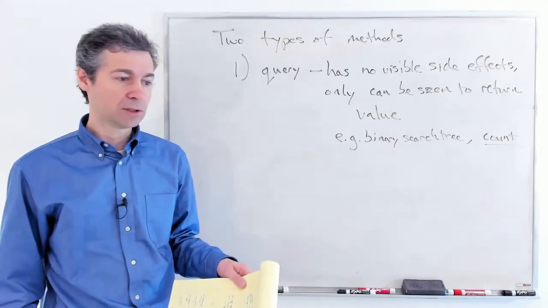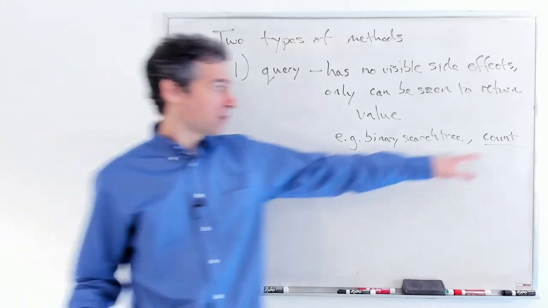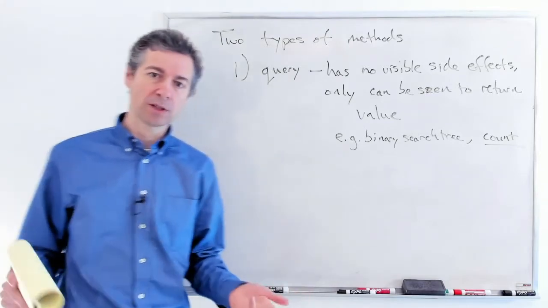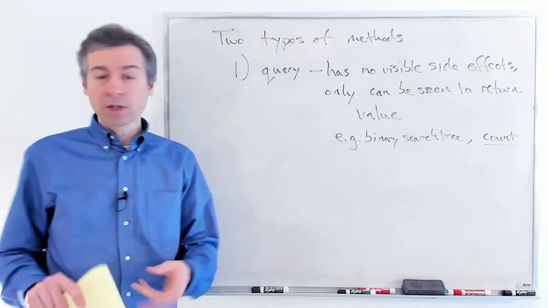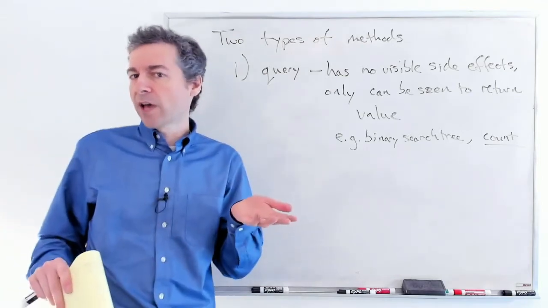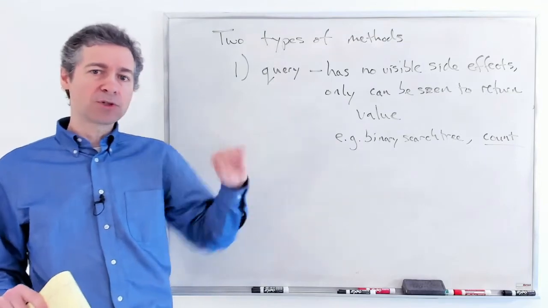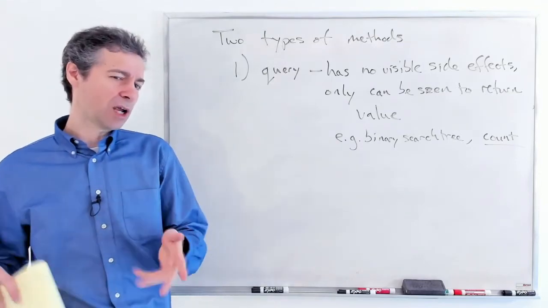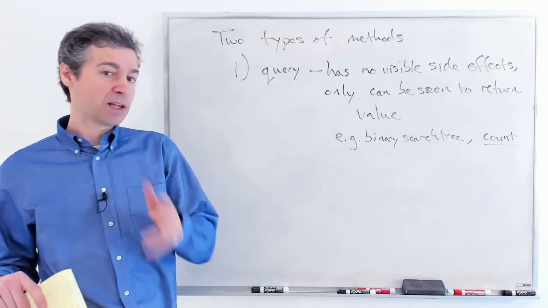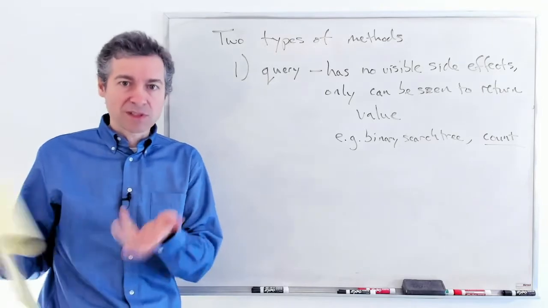Now, it's entirely possible that some of these methods might actually change something internally. You could have a method that runs all sorts of code, records a value, then returns that value, and then on future calls, it says, has anything changed since the last time I calculated this value? And the answer is no, and it just simply returns it. Internally, some state did change.